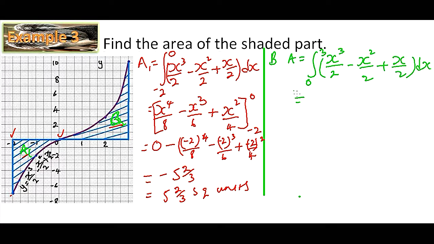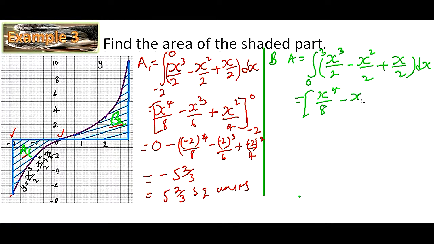So when you integrate this, you get x to the power 4 divided by 8, then minus x cubed divided by 6, that is 2 multiplied by 3, and then plus x squared divided by 4, that is 2 times 2, and our limits are from 0 to 3.